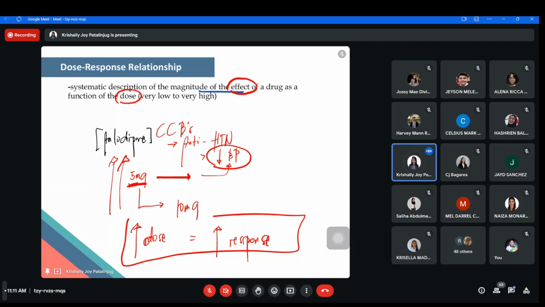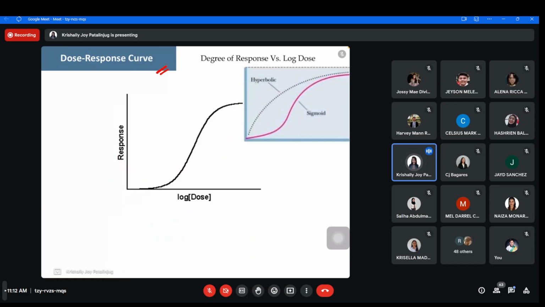No? So, the dose of the drug will really be directly proportional to the kind of its therapeutic response na kayang i-achieve.